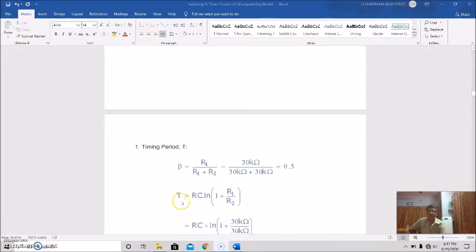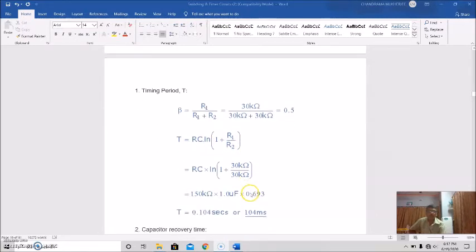Now the time T equals RC ln of 1 plus R1 by R2. Put the values here, and the time period T is 104 millisecond.